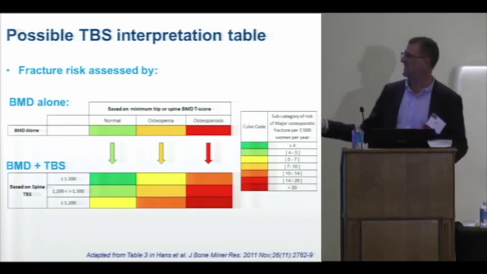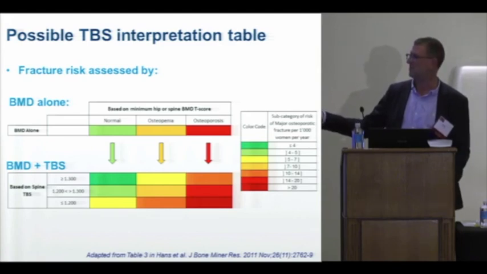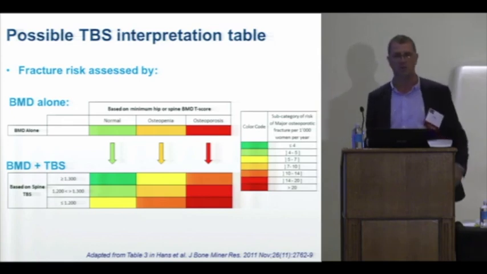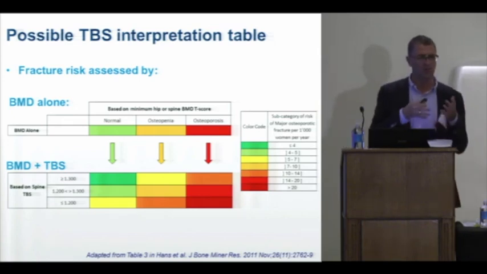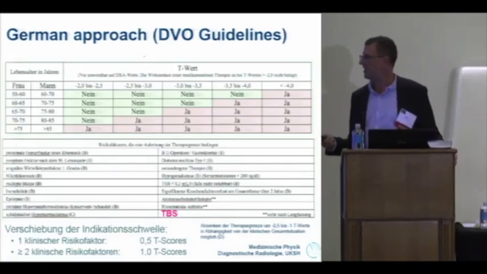For example, if you have an osteopenic patient with a low TBS value, you will be at exactly the same level of risk as an osteoporotic patient with a normal TBS value. So you just start fine-tuning the approach to the level of risk of the patient.